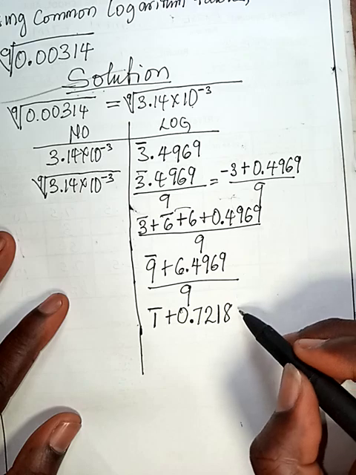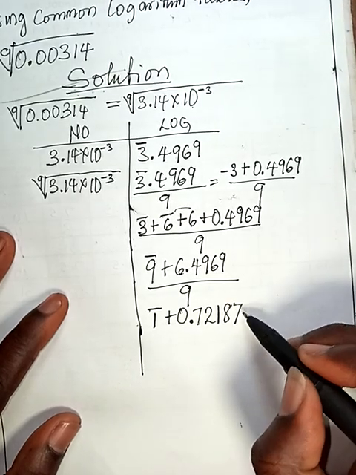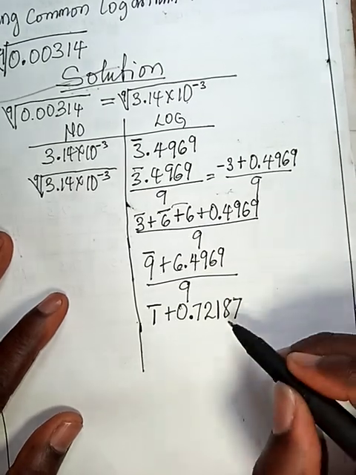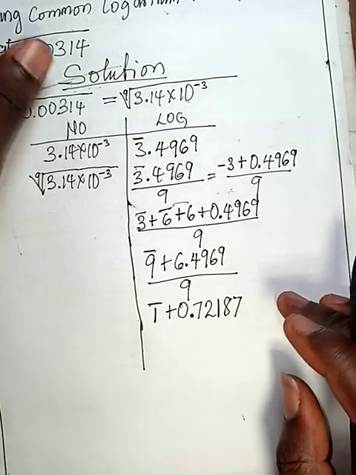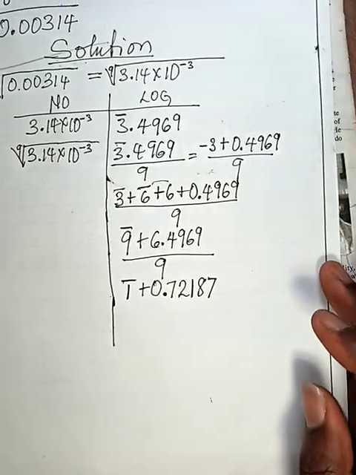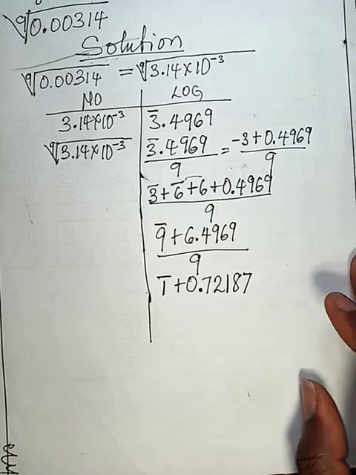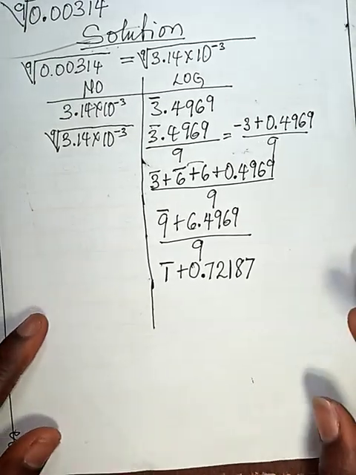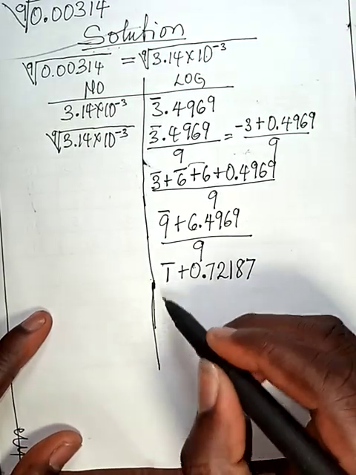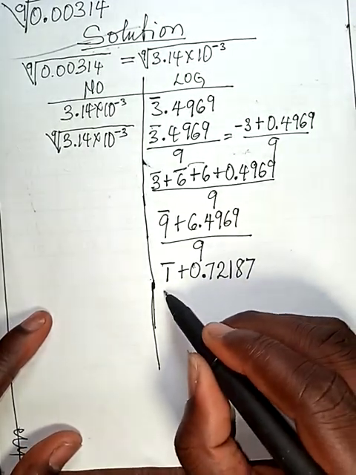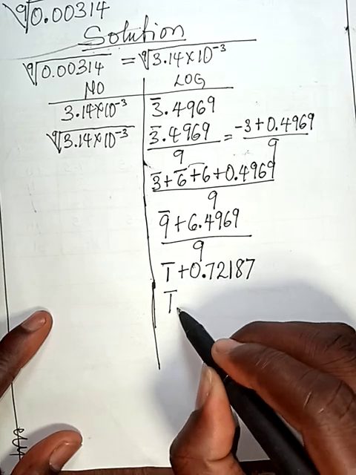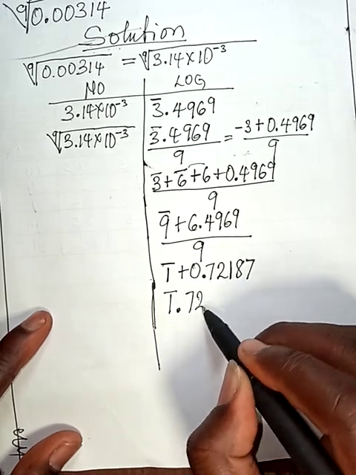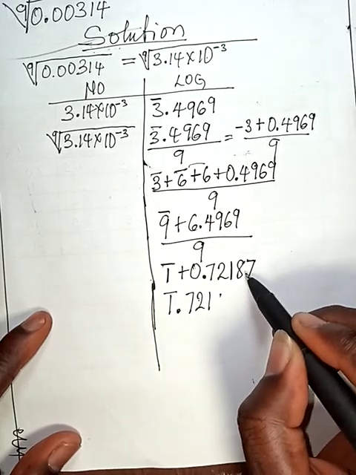And then that will be 63 again, and then you have 7. Now we have to approximate this to 4 significant figures, because in the table of values, what we have is in 4 significant figures. So this written in a combined form will be bar 1 point 721 approximately.